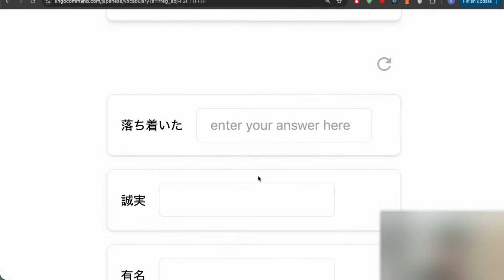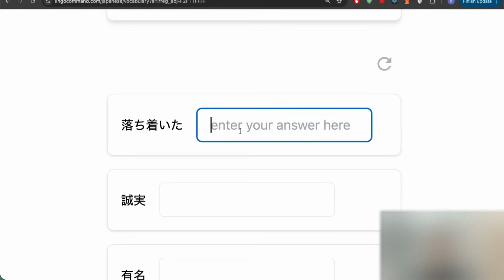This second kanji here, once again, it's got this radical for sheep. That's interesting. This looks like it's probably ochitsuita. And so then this is o. This is su.